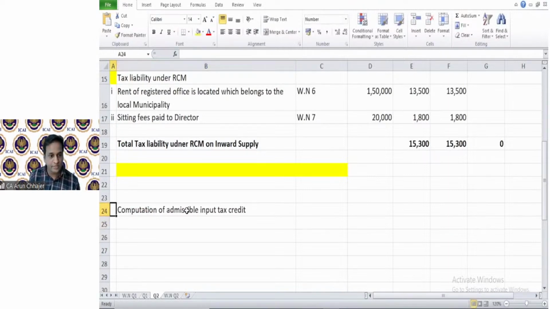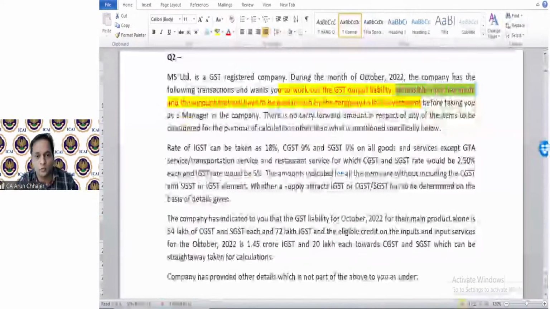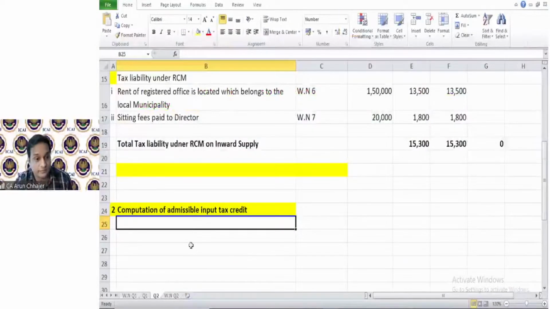Computation of admissible input tax credit. First, some amounts that they have given now. Eligible credit on input service for the month of October 2022.